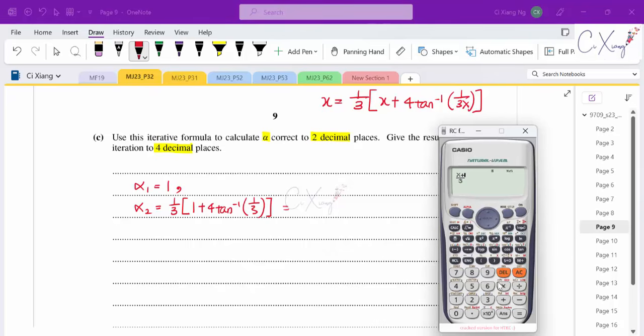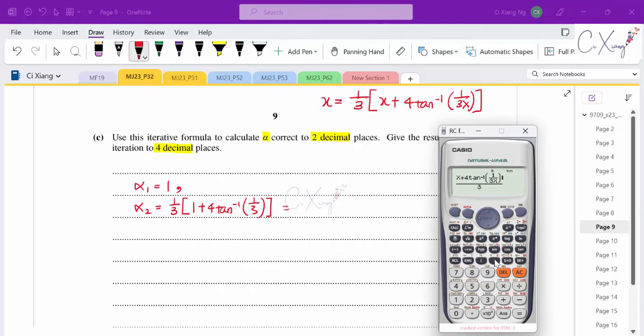Then plus 4 tangent inverse. Then 1 over 3x, so you put the bracket again, 1 over 3x. Then we close the bracket. So this is my iterative formula and you need to key it into the calculator.